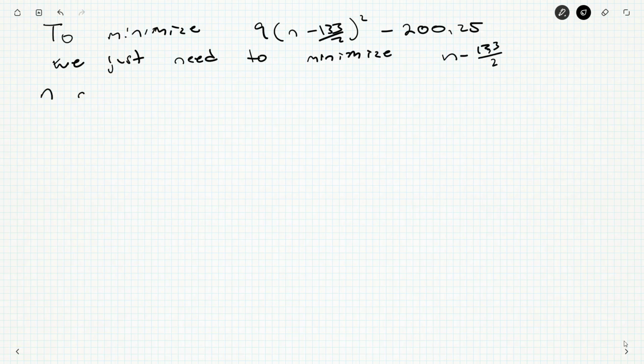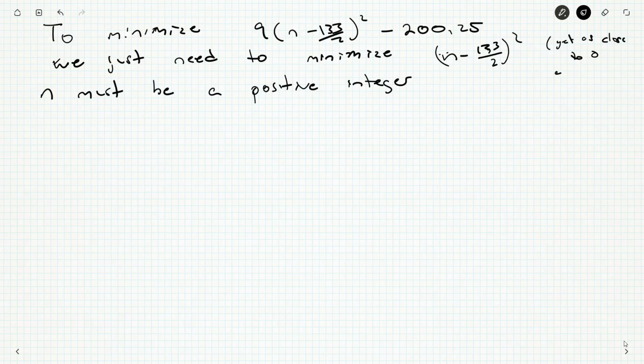Okay, but n must be a positive integer. Sorry, we want to minimize the square. So we want to minimize the positive integer. To minimize this means to get as close to 0 as possible.